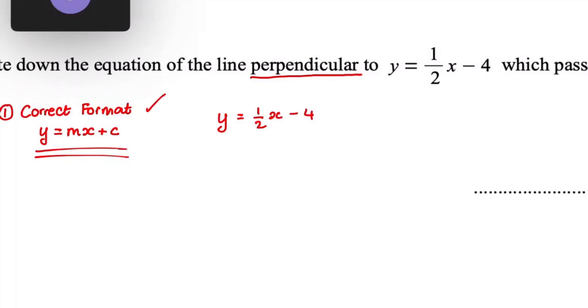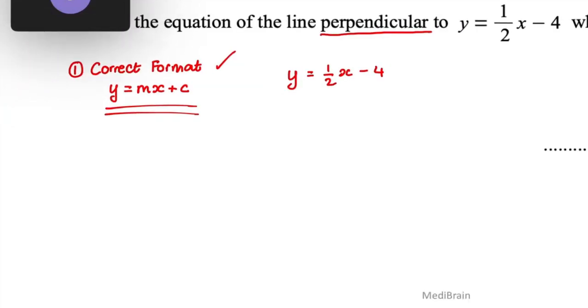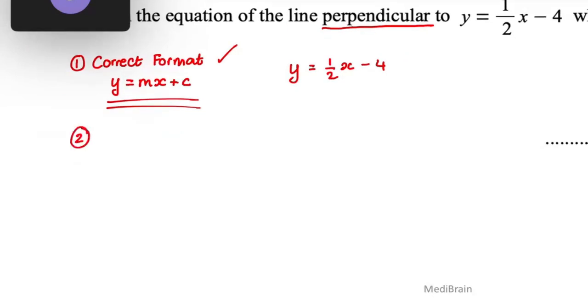Now, when it's perpendicular, all you're going to do is find the negative reciprocal of the gradient.